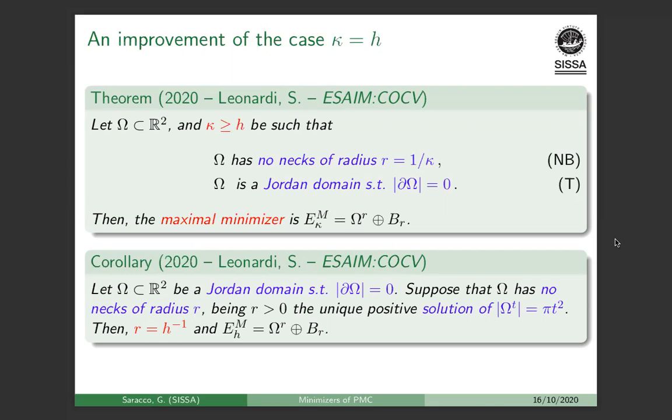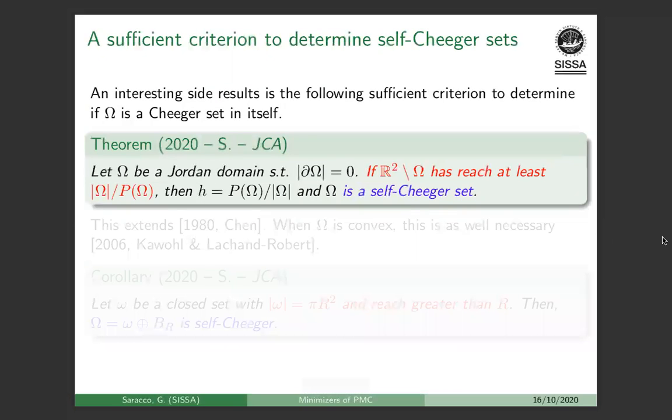One other thing is a criterion, a sufficient criterion, which tells you if a set is a Cheeger set in itself. So this means that the Cheeger constant of omega is equal to the perimeter of omega divided by the volume of omega. And this is the criterion.